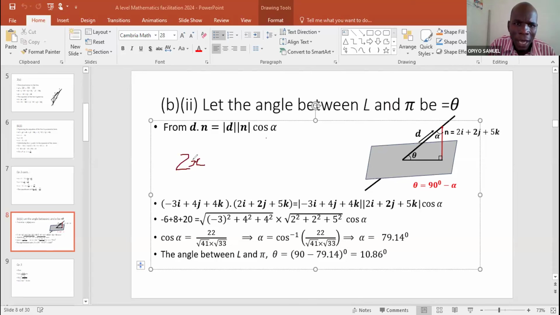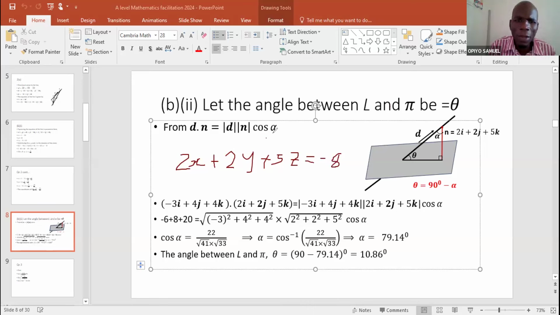I'm using freehand, that's why it's not very clear, but I hope you can read. This is the equation of the plane.